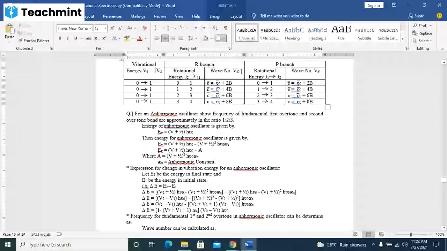Here what you get is nu0 bar plus 2B. This is the wave number for this first transition. The same thing is applicable for 0 to 1, 1 to 2, 2 to 3 and 3 to 4.